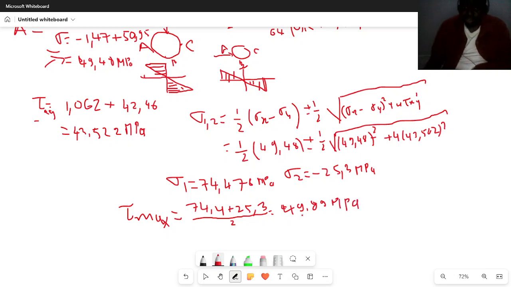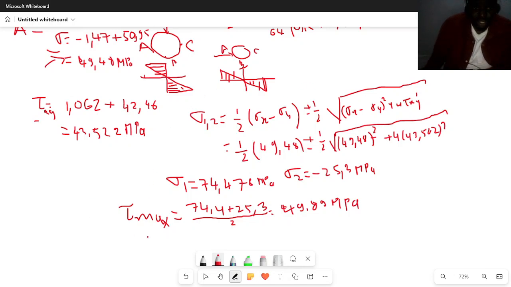So this is the maximum stress at point A. Now let's see, what do they get as the answer here at point A? Do they have something like 49? Yeah, it's 49.56. So this should be it.